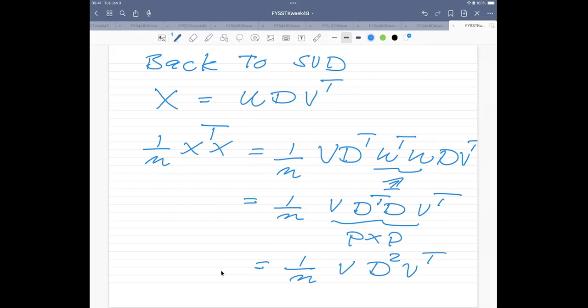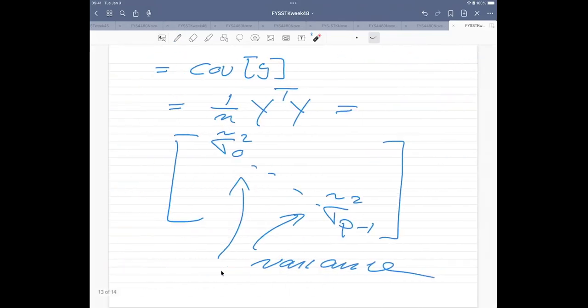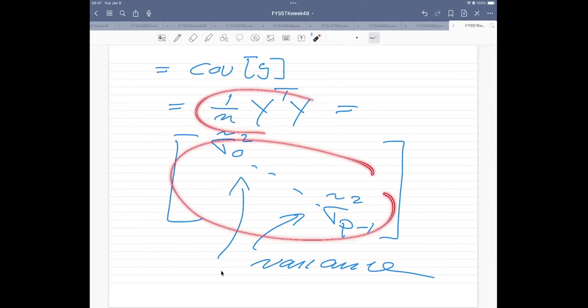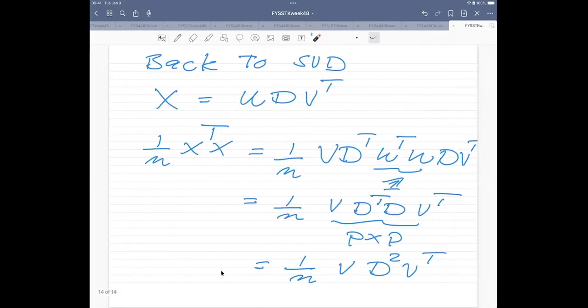Now, what I know is that these elements which you have here are the singular values of a singular value decomposition. So what I can do now is actually get these eigenvalues if I do a singular value decomposition. If you look at this quantity, this is the same as 1 over n of x transpose times x.